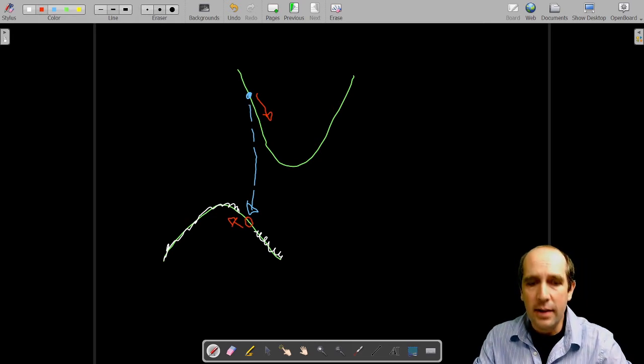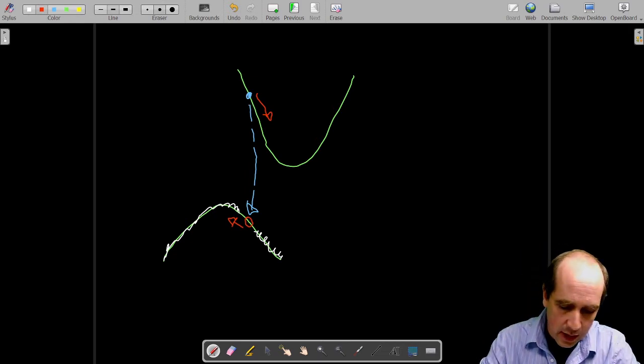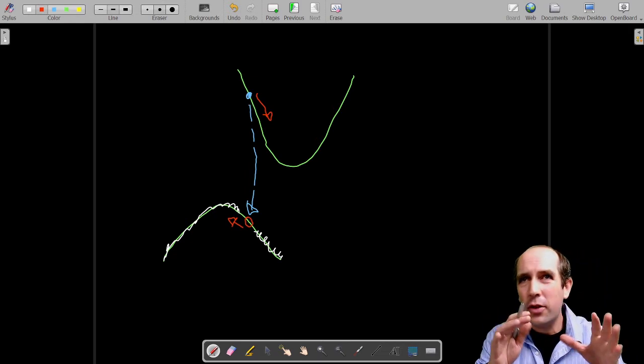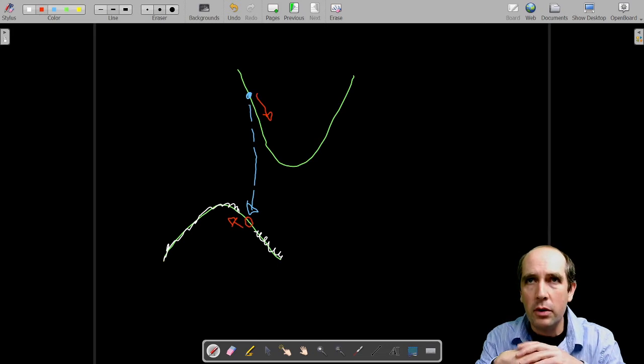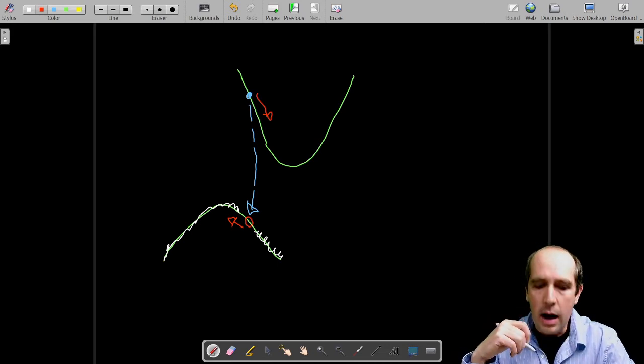So essentially, all these transitions that I put here in red are thermally mediated, and we haven't spoken too much about phonons, which we will cover in the next lecture.